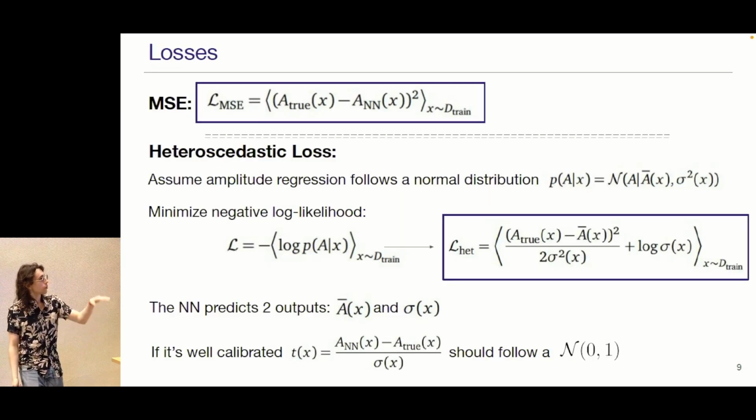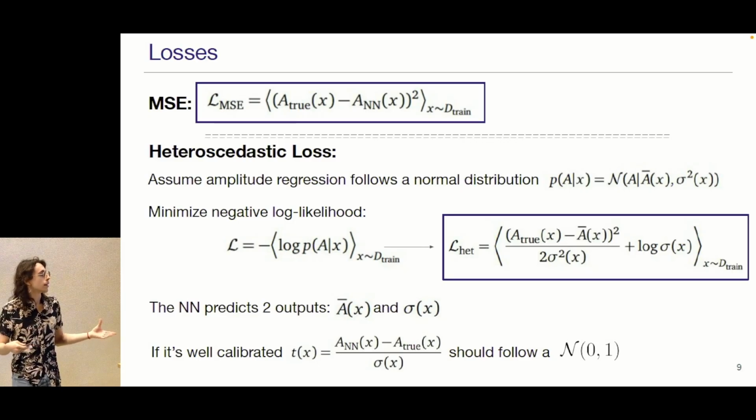So, moving on, I'm going to talk about the losses a little bit. Mean squared error, you already know. The heteroscedastic loss is a loss that allows us to get systematic uncertainties.